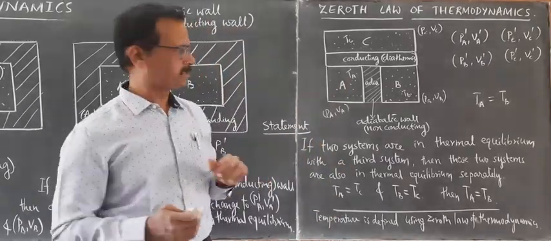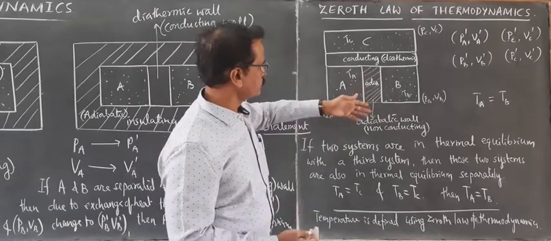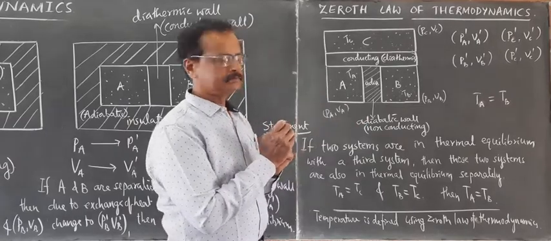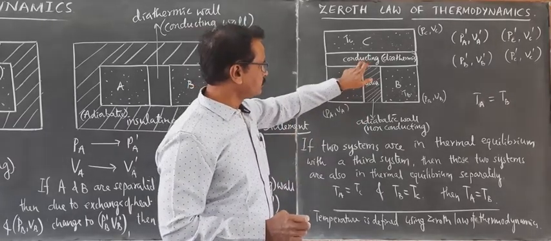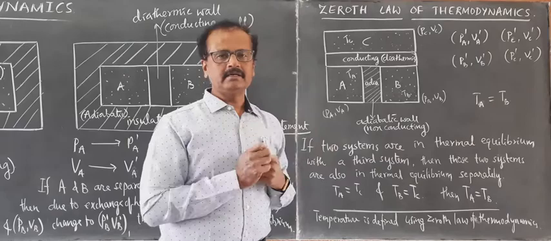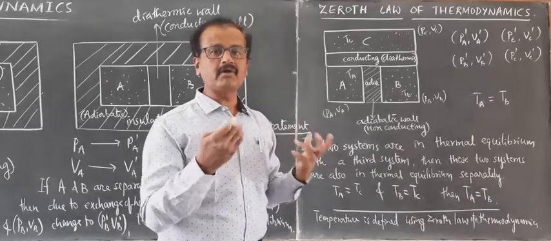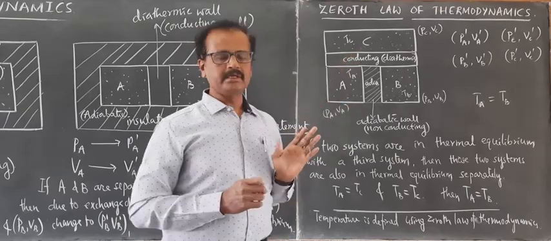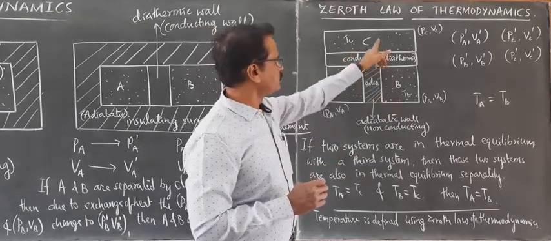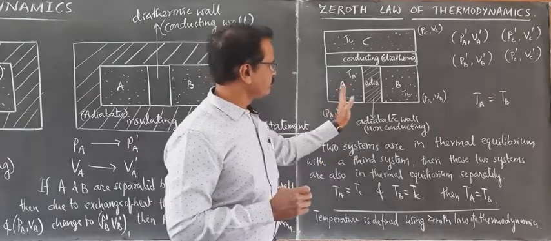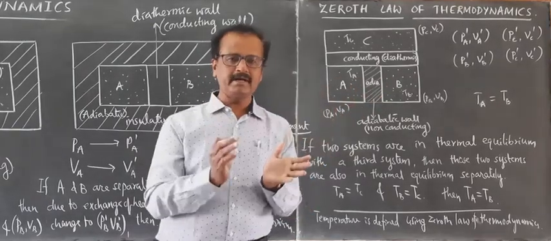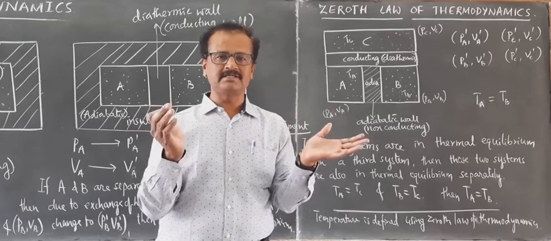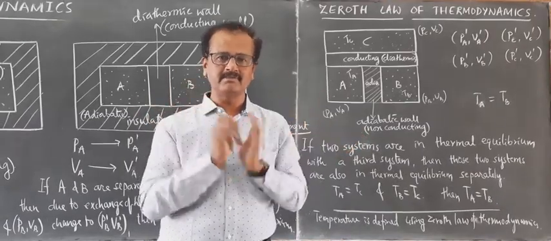I think you got the point. Suppose in the second situation, I replace this adiabatic wall by a conducting wall, and this is now separated by a non-conducting adiabatic wall. Already A is in equilibrium with C, B is also in equilibrium with C. So even if now A and B are separated by a conducting wall, no further exchange of heat takes place, since they are already in thermal equilibrium.